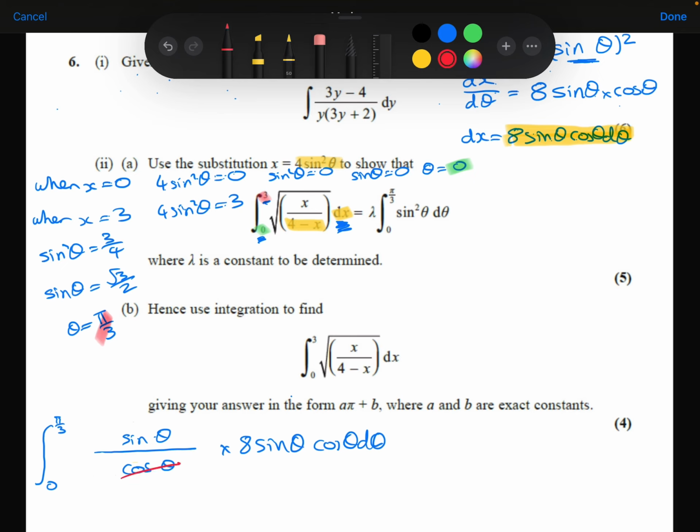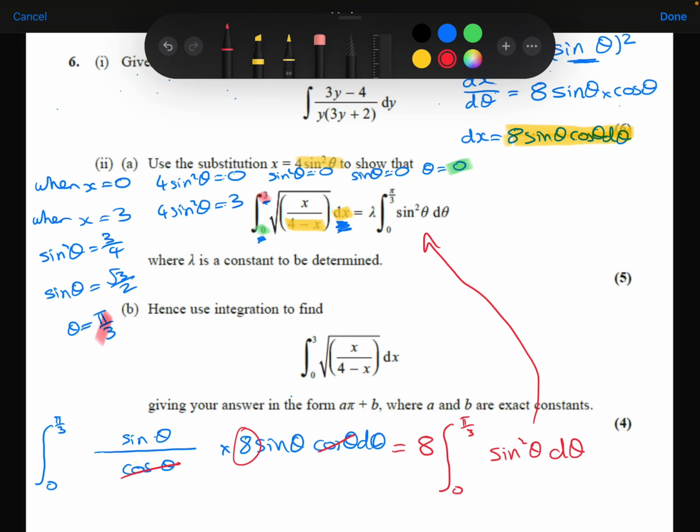So the cos thetas here and here cancel out. And that just leaves me with the integral from 0 to pi over 3 of sine theta times sine theta, so sine squared theta, multiplied by the 8, which I can put on the outside here. And there we go. That's what we needed to show. So lambda is 8.